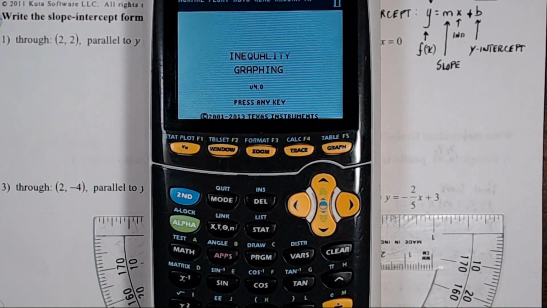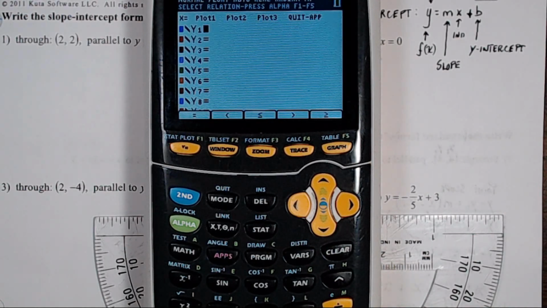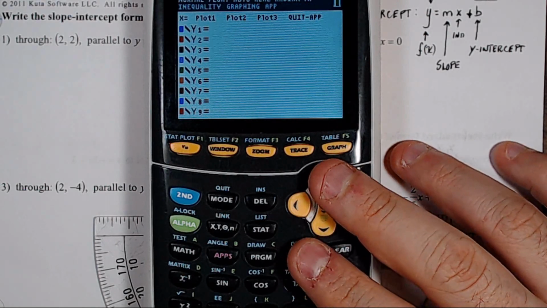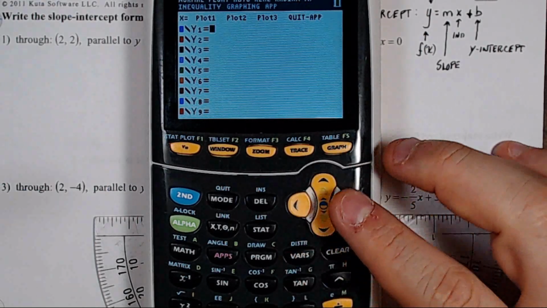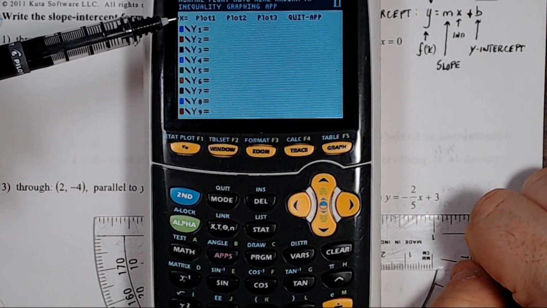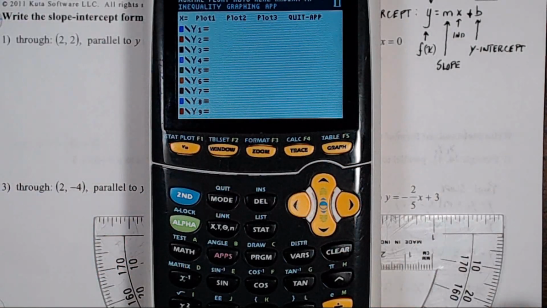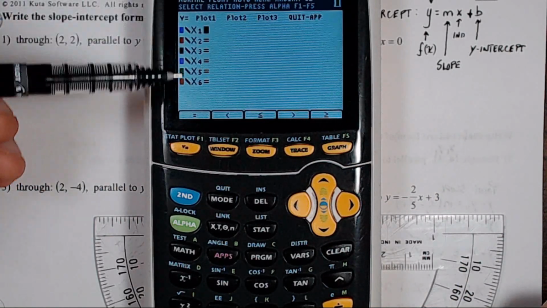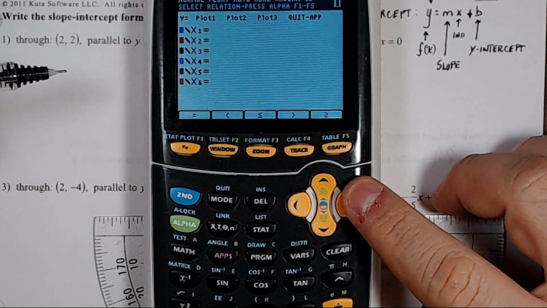I think you have to hit enter again, and now we're in this inequality screen. It looks kind of like y equals, right? So cursor up to where you're hovering over that y equals, and then hit enter. Now watch what happens right here. It changes to x equals.